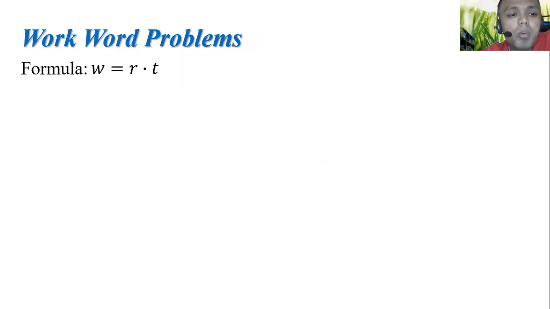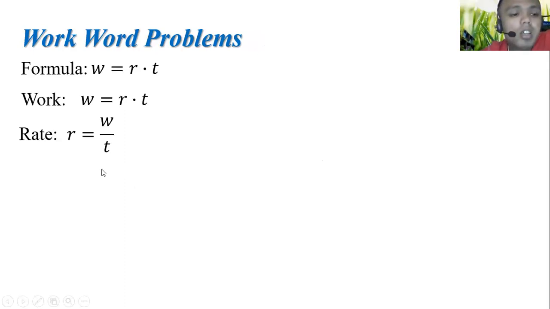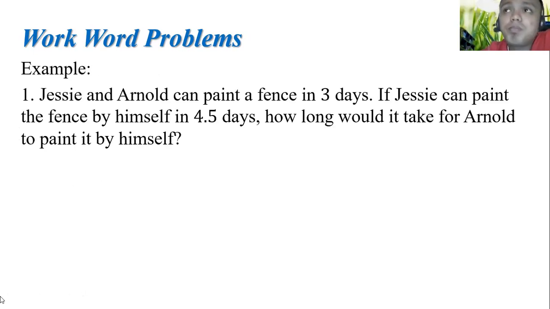When we are looking for work, this is the formula we use: W equals R times T. If you're going to find the rate or the speed, we have R is equal to W over T. And if it is time that we are looking for, we will use this formula: T is equal to W over R.